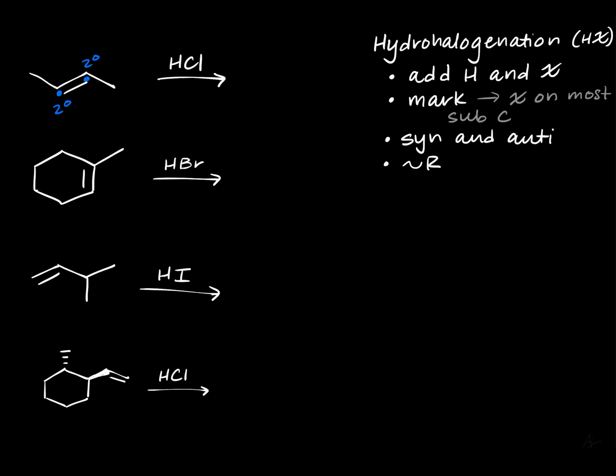So let's just actually do that first step. I can add my hydrogen and my chlorine here. And in fact, it would be the exact same thing to draw my chlorine and my hydrogen here. These would be the exact same product.